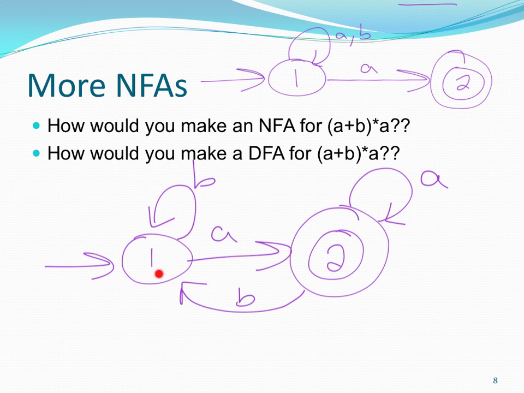But if you see a B, you go back to 1 and you hang out in 1 with your B's until you see an A, and then you hang out in 2 with your A's. So this looks pretty good to me. It does actually have an out transition for everybody, so we're good. There's our DFA. But if you compare this with our NFA up here, it was a lot harder to think about that.